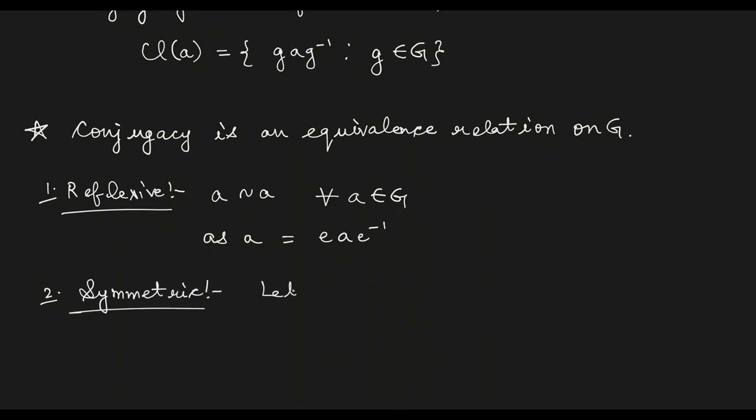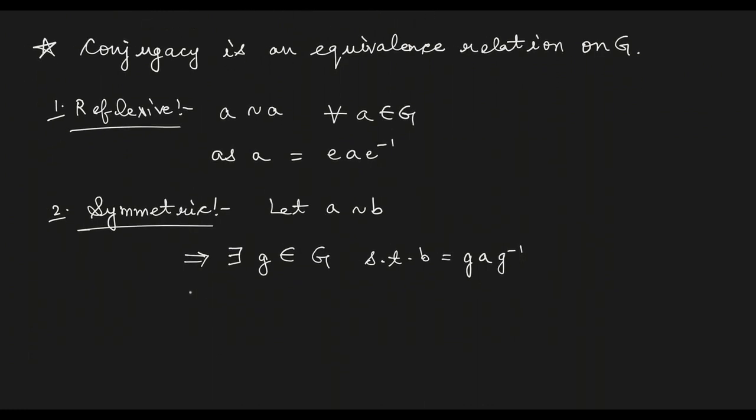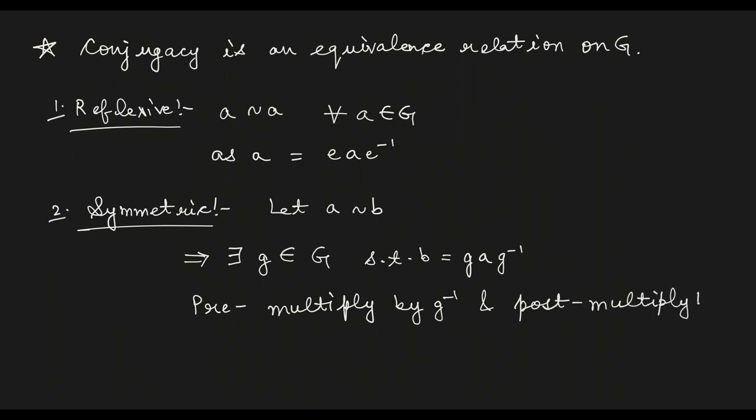Let A be related to B. This implies there exists g belonging to group G such that B is equal to gAg inverse. Now if I pre-multiply by g inverse and post-multiply by g on both sides, we will get g inverse Bg.